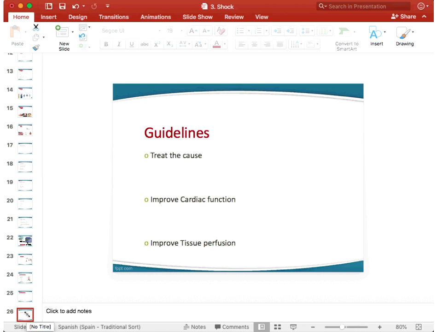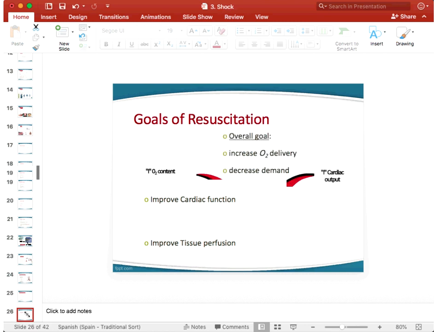Of course, you have to treat the cause, whatever it is. Otherwise, it's not going to improve. The shock itself is not going to improve. Once you treat the cause, your cardiac output will improve. Therefore, your tissue perfusion will return to normal.